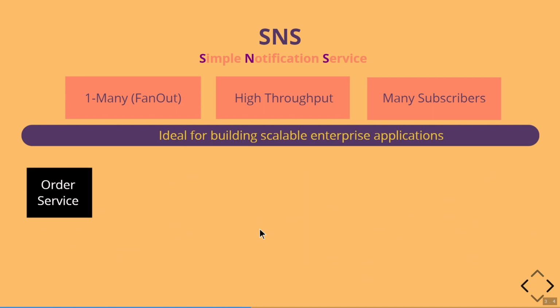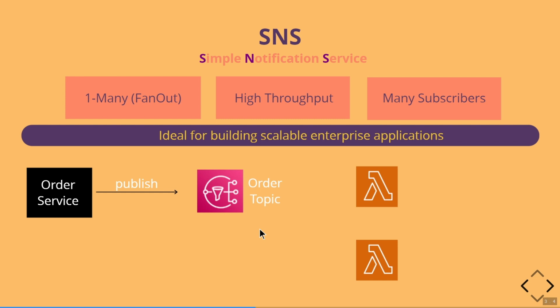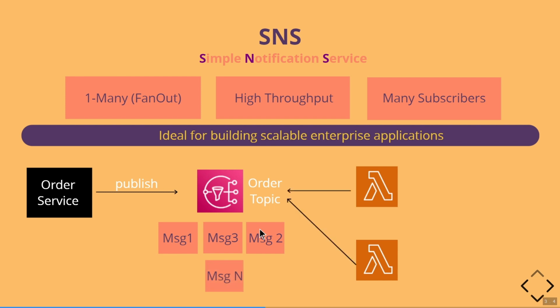So to see an example, let's say we have an order service. We have different consumers. In this case, we have 2 consumers, which are Lambda functions. We have an order topic. The order service publishes a message to the order topic. Okay, and then we could have these consumers who subscribe to this topic, and these messages will be made available to both these applications.